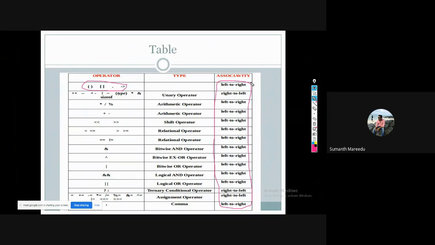So this is a list of all the operators with their priorities and associativity.